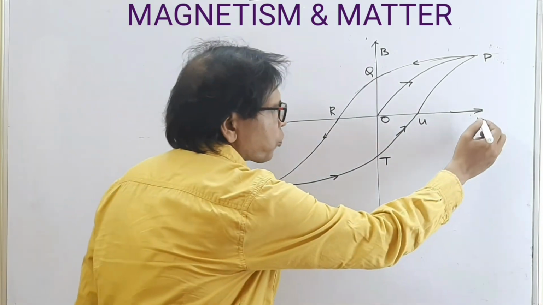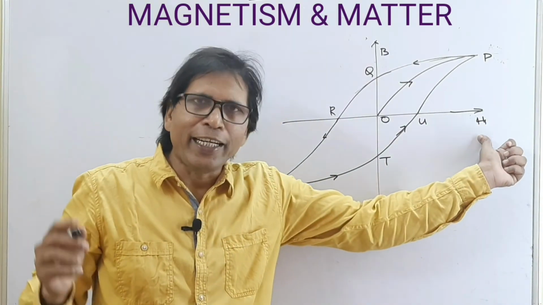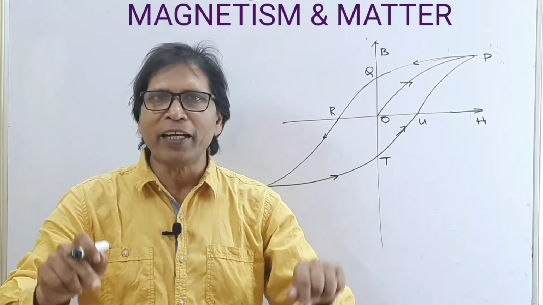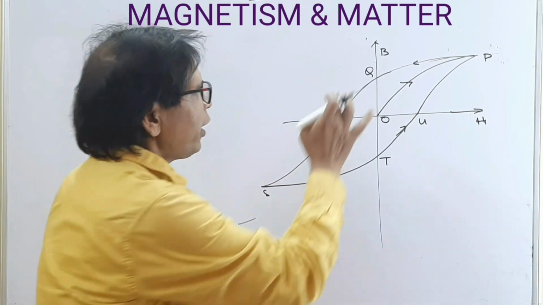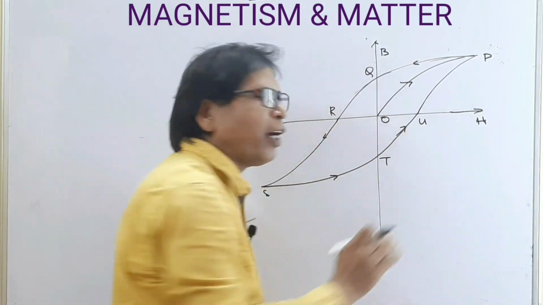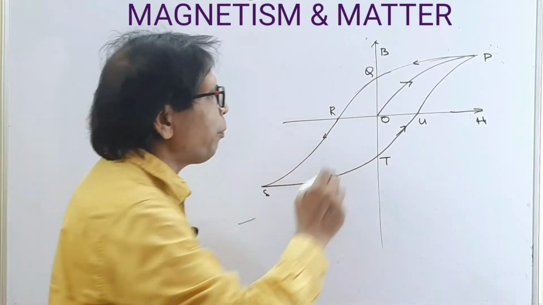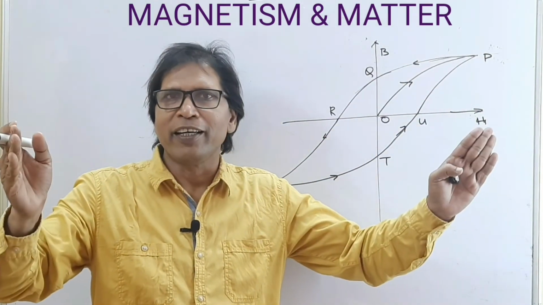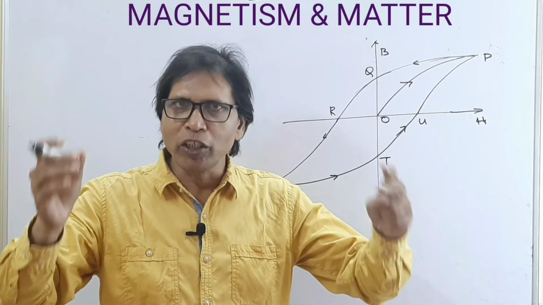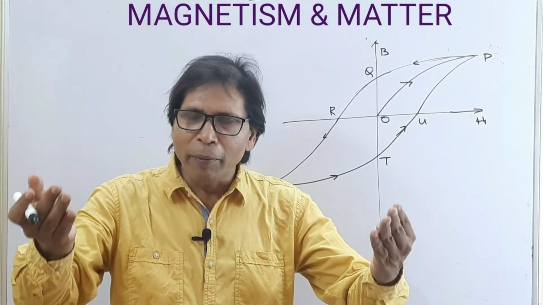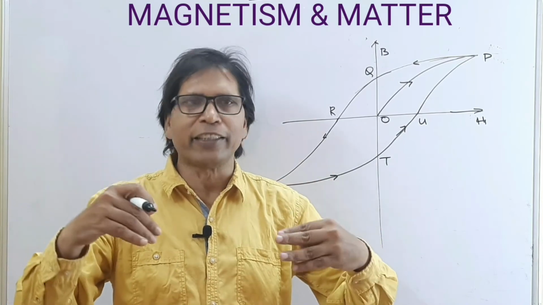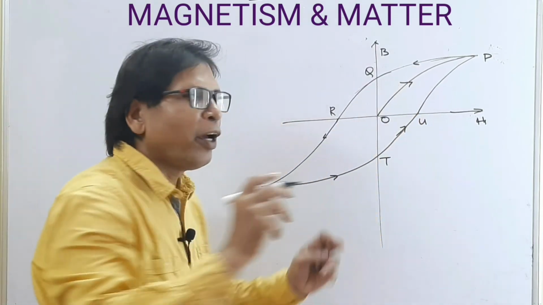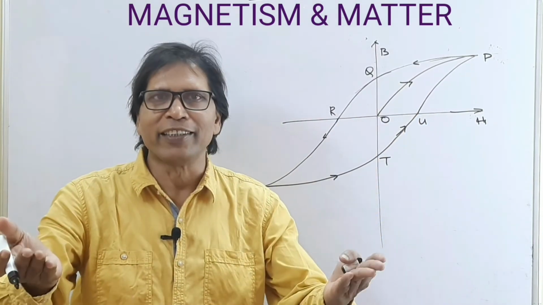Look at this. If a magnetic intensity is applied to a magnetic substance, the magnetic field inside the substance increases with increase of the magnetic intensity and finally gains the saturation value at the point P. Now if the magnetic intensity decreases from this value, the magnetic field also decreases but at a slower rate.